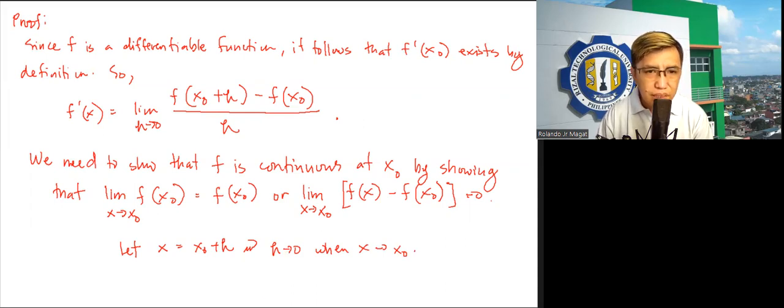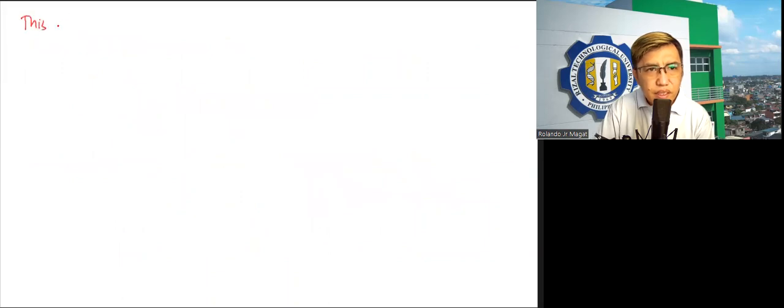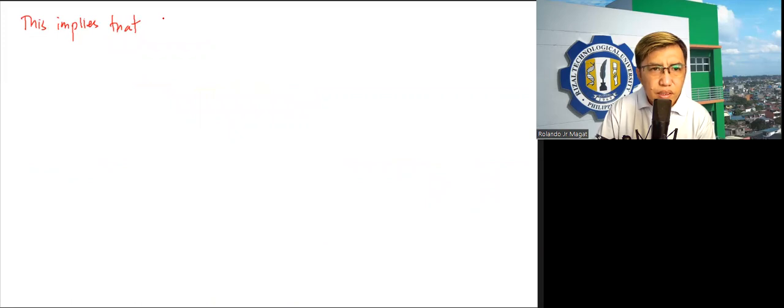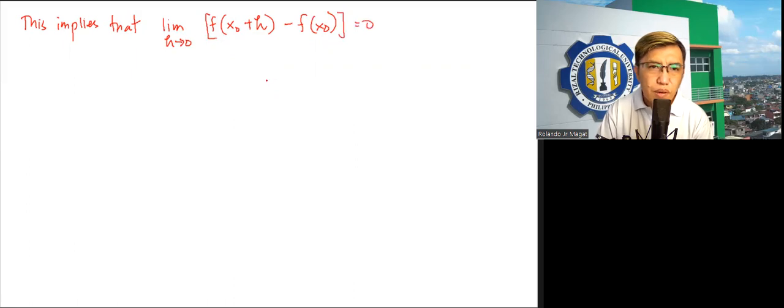So which implies that, dun sa formula natin kanina, we have the limit of f of x naught plus h minus f of x naught, okay, as h approaches 0 is equal to 0. Okay? Nag-substitute lang ako ha. Ito kanina si x. X lang yan kanina. Ito naman kanina si x approaches x naught. Plug in lang ako. Okay?